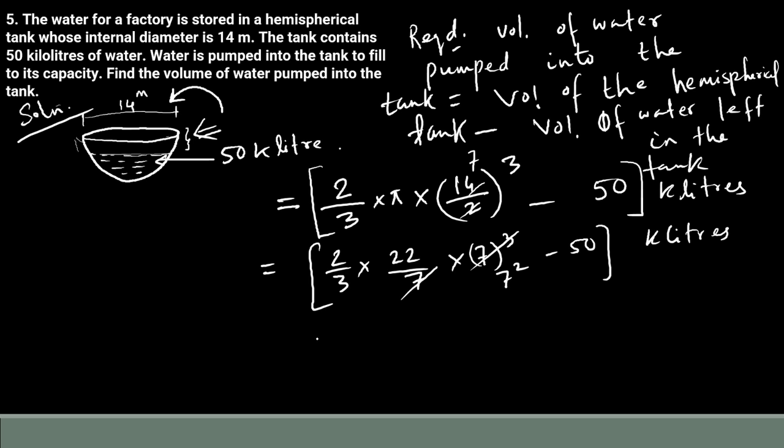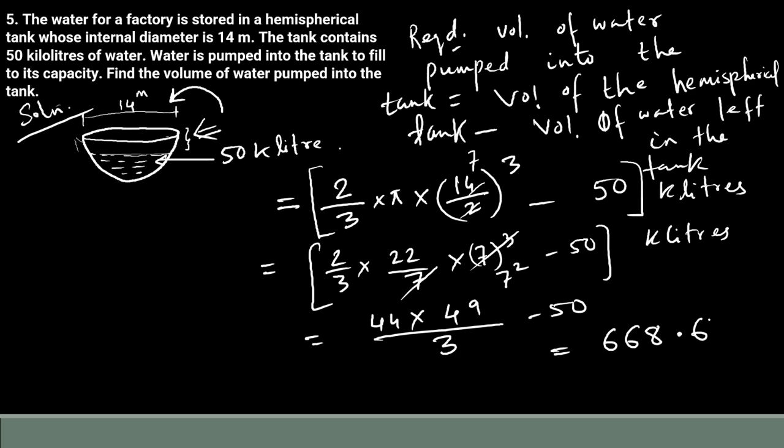From here it's 44 times 49 divided by 3 minus 50. From here if we calculate, I already did the calculation before, it will be 668.67 kiloliters. Okay, so the volume of water pumped into the tank will be this answer. As simple as that.